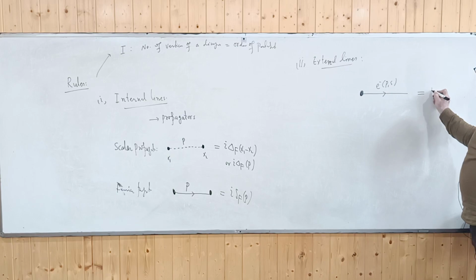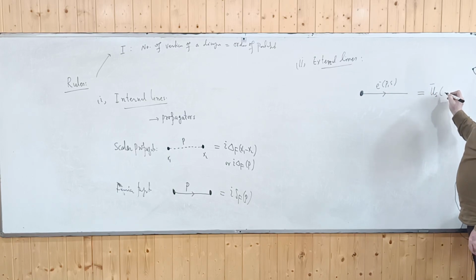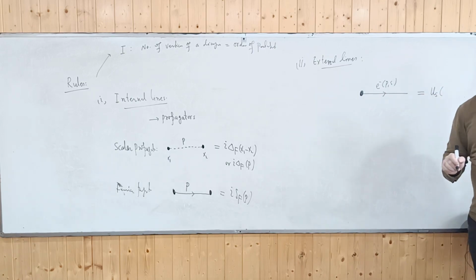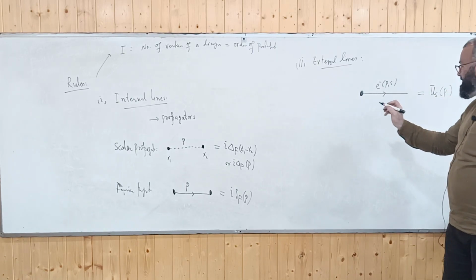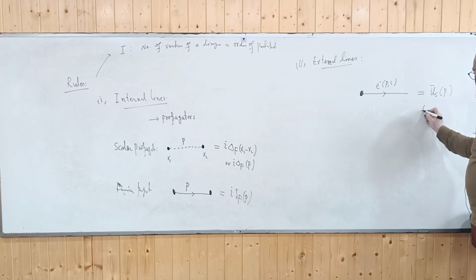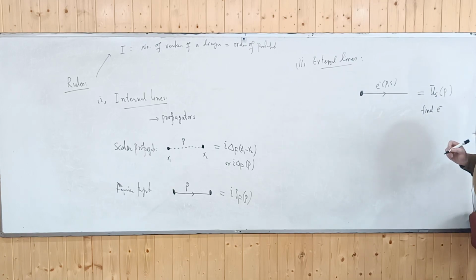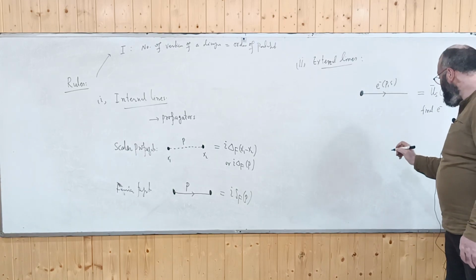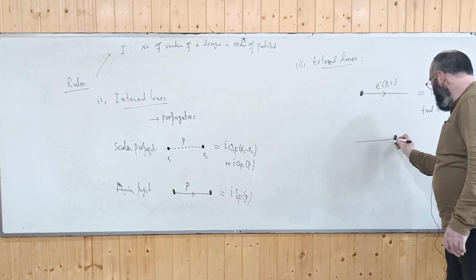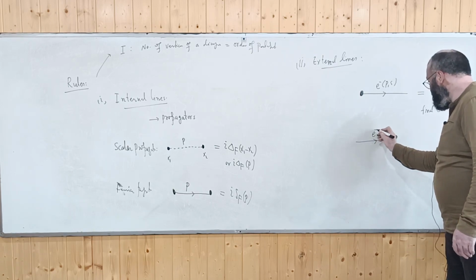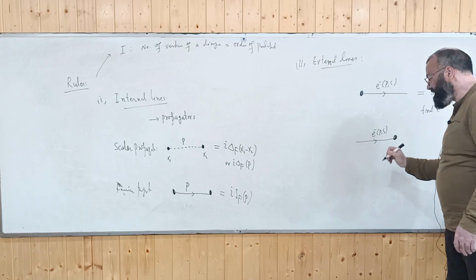So for this kind of thing, this is an outgoing object, is it? So I will write it in terms of U bar S. So this represents our final electron, final state. Now if I am having this way, this is an electron coming towards the vertex.